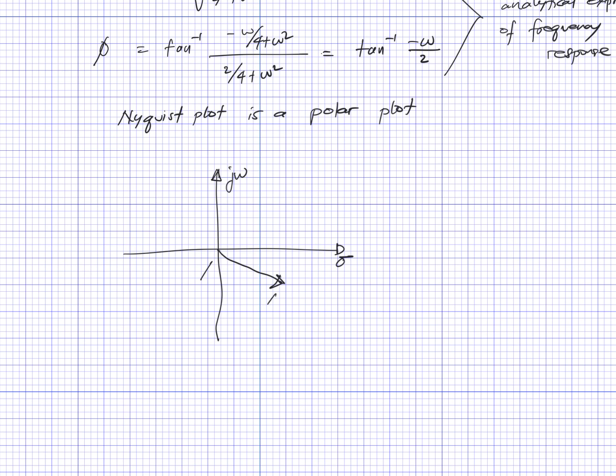So this one is your magnitude. And the phase angle is the angle of your phasor.